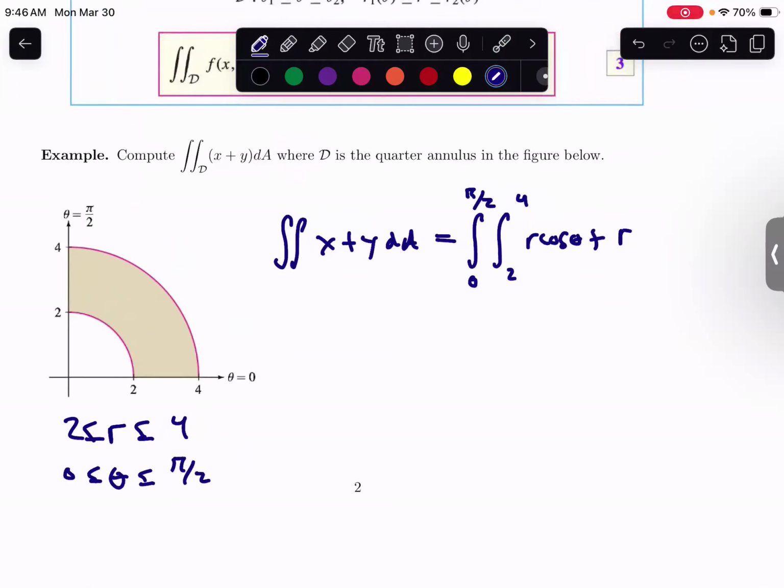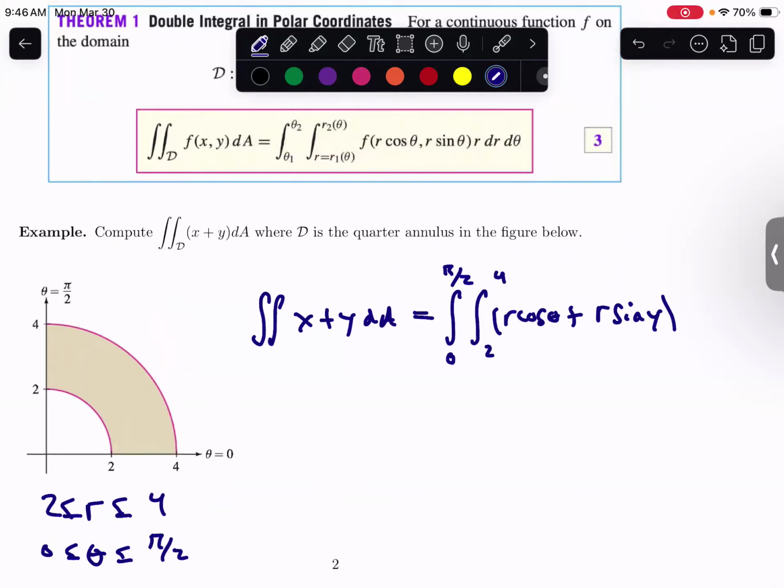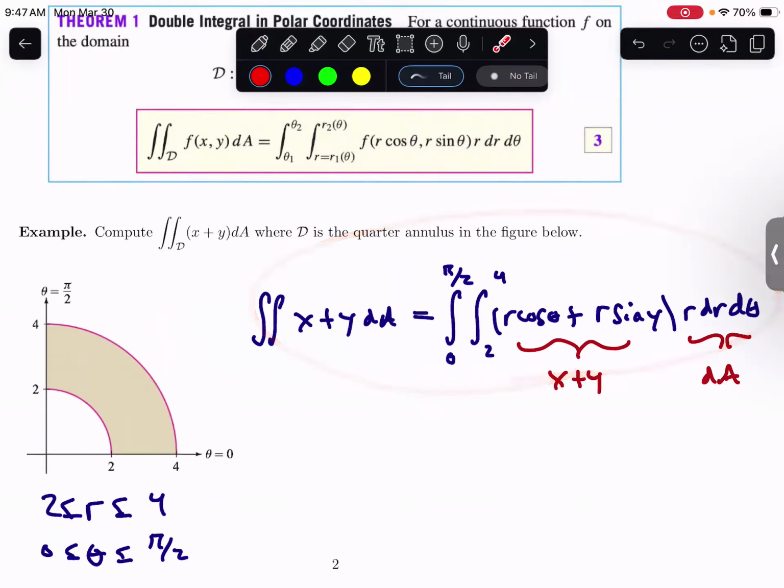So this is one example where r sine theta shows up. So this is x plus y. And then the dA becomes r dr d theta. So this part is x plus y. This part is dA. So again, they're the same integral over again, just written in terms of r and theta.